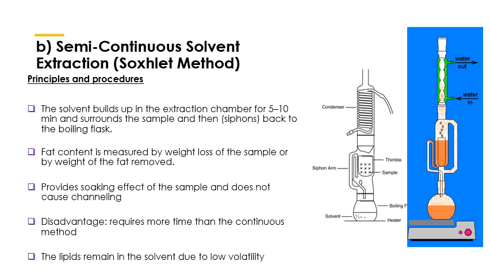This provides a soaking effect on the sample, but at the same time it doesn't cause any channeling. But the problem with this semi-continuous solvent extraction method is that it requires more time compared to the Goldfish method. Another good thing is that the lipid will remain in the solvent due to its low volatility.